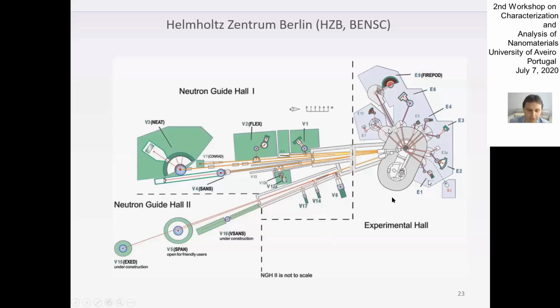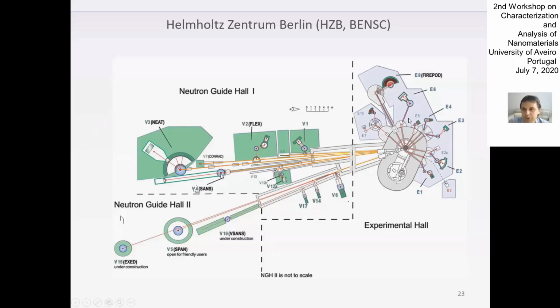Hot means high energy in the experimental hall, and in the neutron guide hall we have cold neutrons, and also instruments which need lower energy, for example small angle neutron scattering, SANS, which I used before. It needs lower energy. And for diffraction, we have to get high energy neutrons.